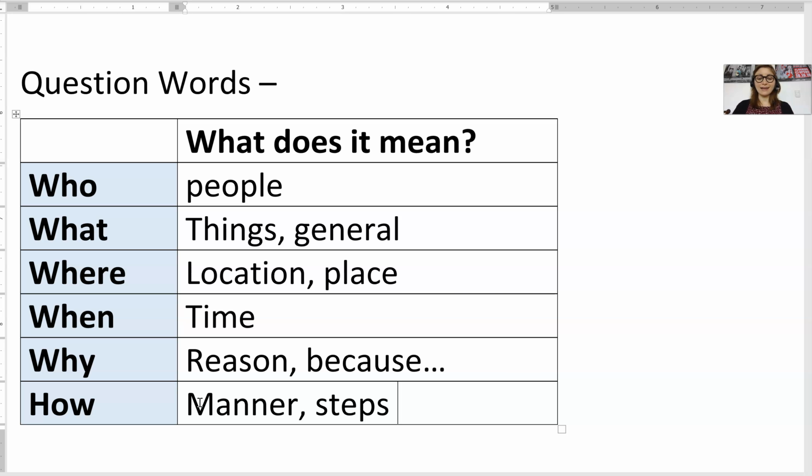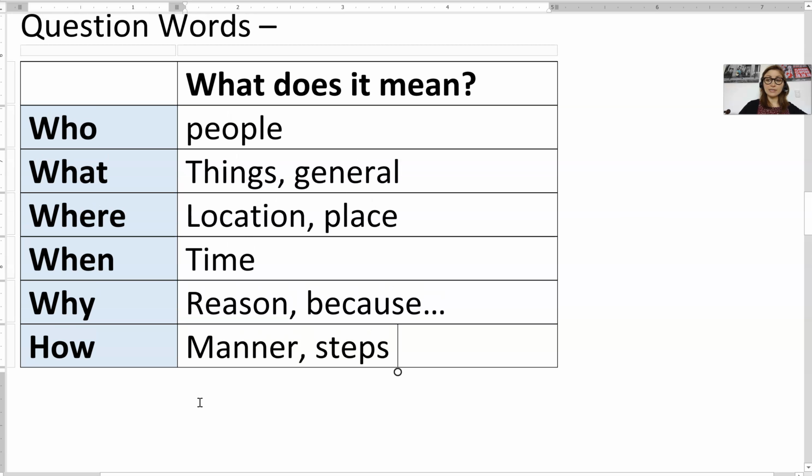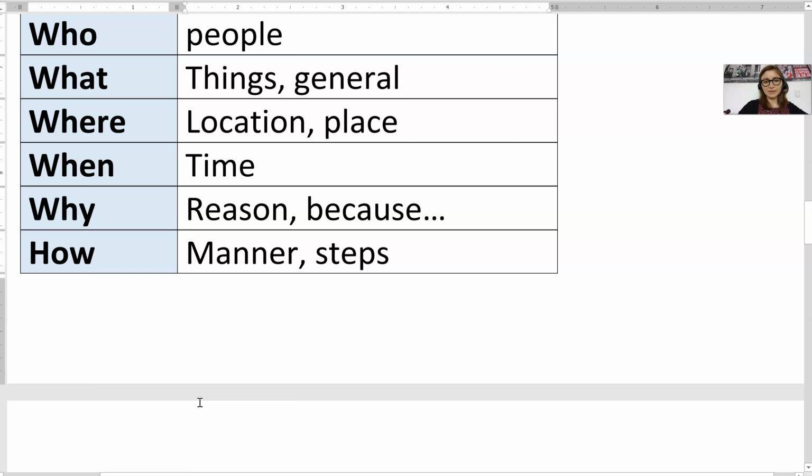It depends on how you do something. And it could be a recipe. So how do you make Thanksgiving turkey? Think, okay, my recipe, I need to have turkey and vegetables and spices and all the different things for the turkey, right? So that's how. All right, so those are some questions we need to practice for this class.